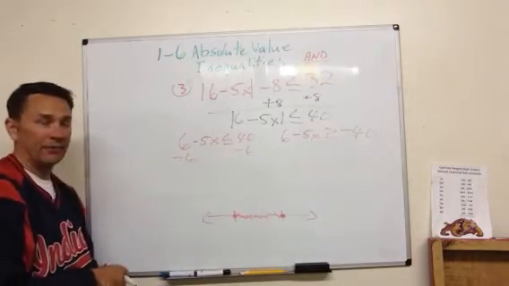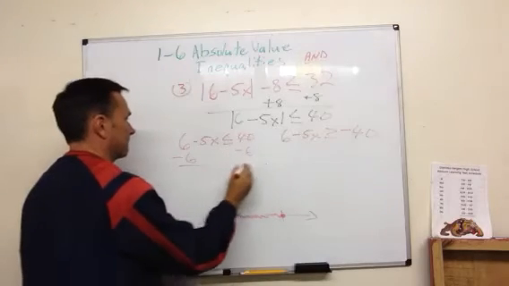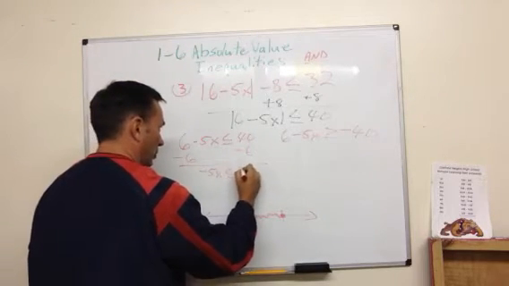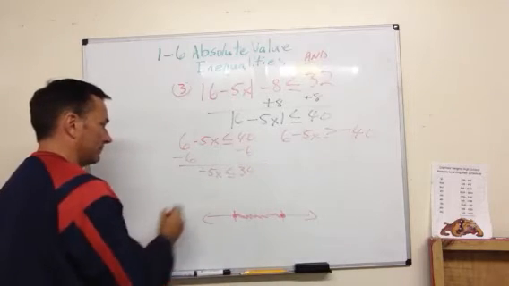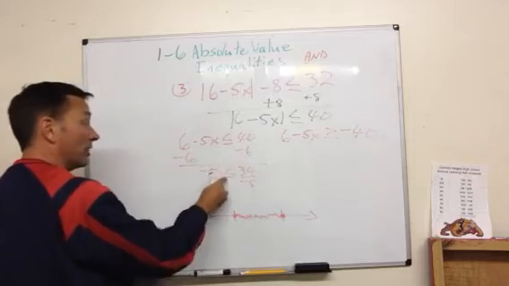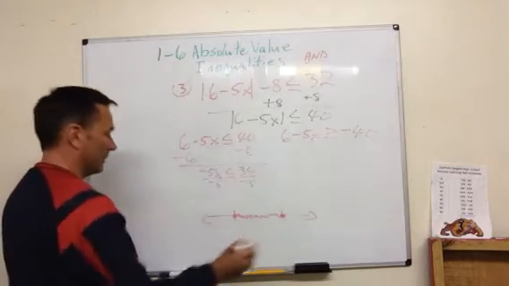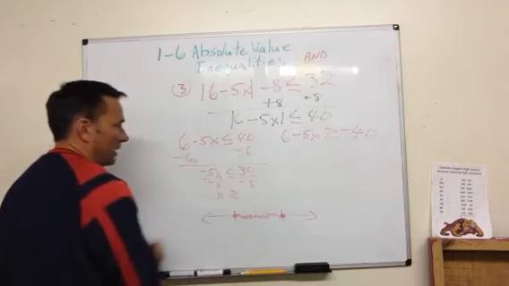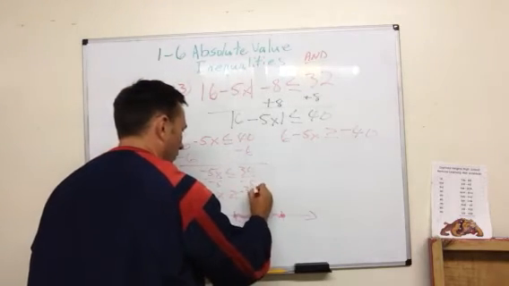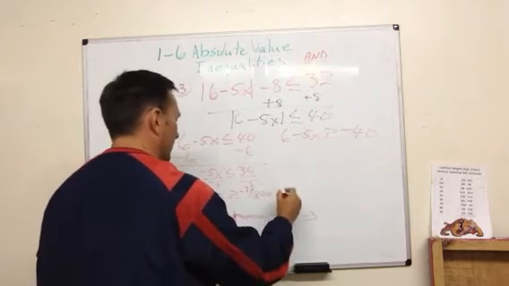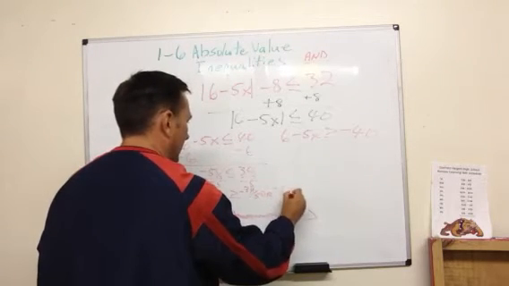I'm going to add the negative 6 to both sides. Negative 5x less than or equal to 34. Divide by negative 5. And guess what we got to do because we divided by a negative? Flip the inequality. So it becomes x greater than or equal to negative 34 fifths, or negative, what is that? 6.8.